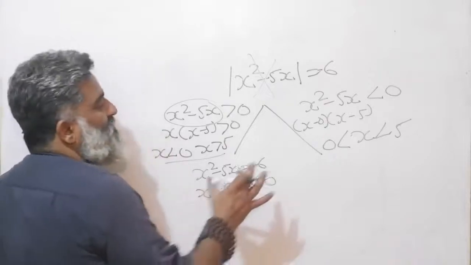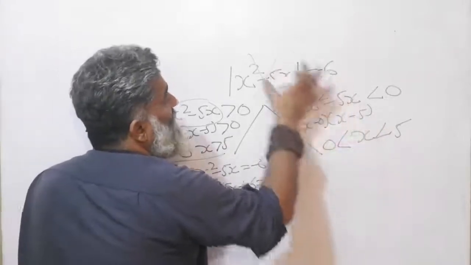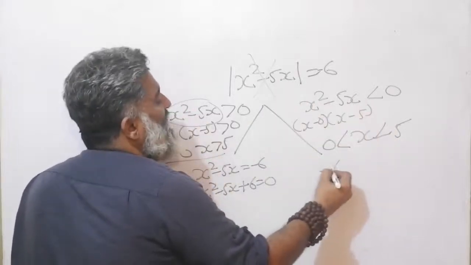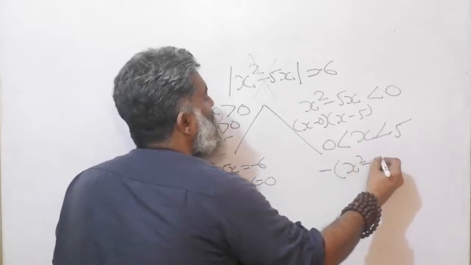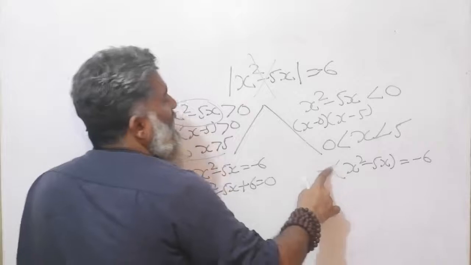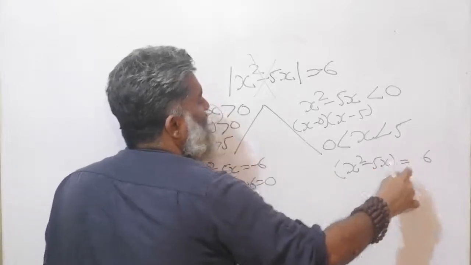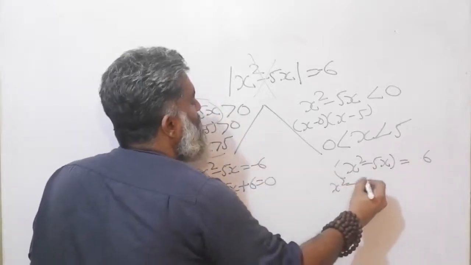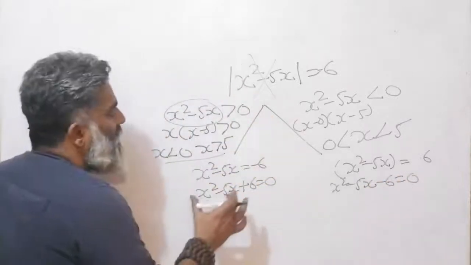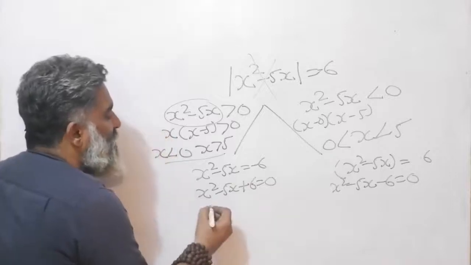So for this equation, if the whole x is negative, this thing will come out with a negative on top. So x square minus 5x is equal to minus 6. If I remove the minus symbol, I'll get x square minus 5x minus 6 is equal to 0.